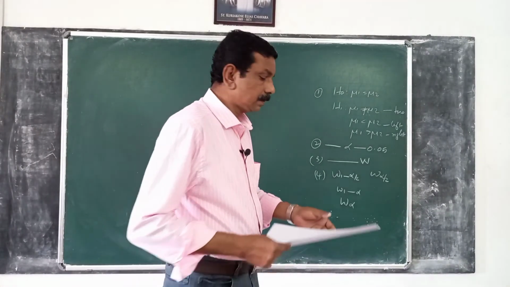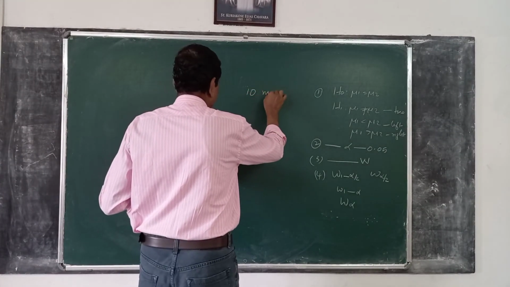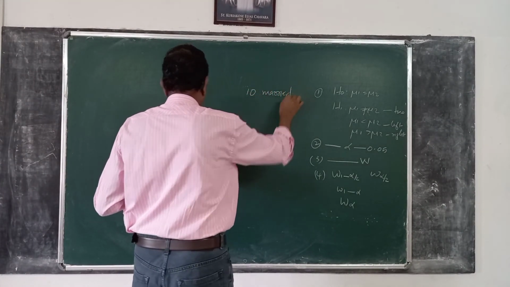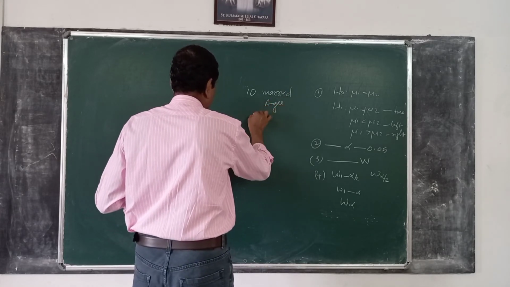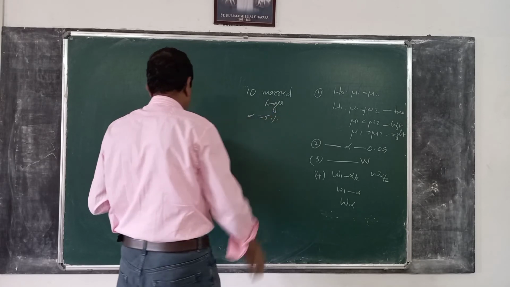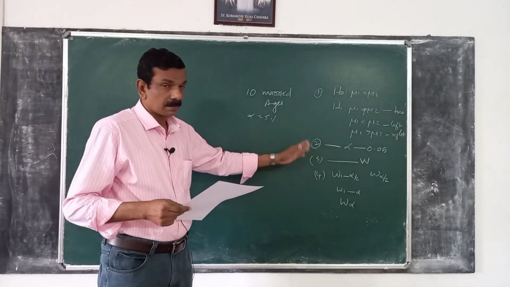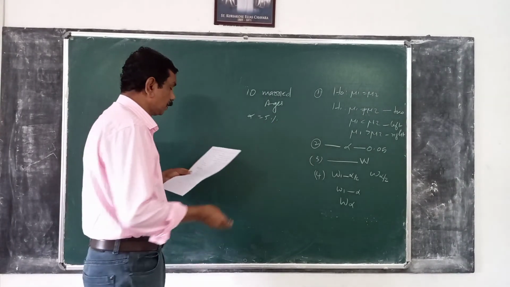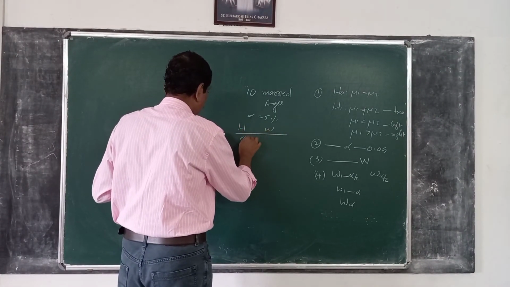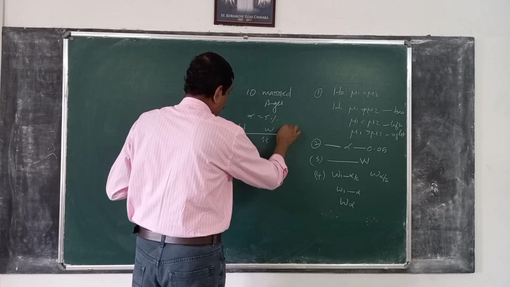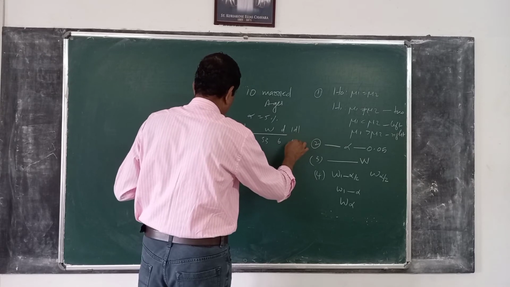Now, as an example, a random sample of 10 married couples. It's a simple example, and ages are given. At alpha equal to 5% level, we want to test whether there is a difference in the average age of husbands and wives. So the age of husband is given, the age of wife is given, say 59, 53, etc. D is taken as 6, the absolute value of D is 6 here.